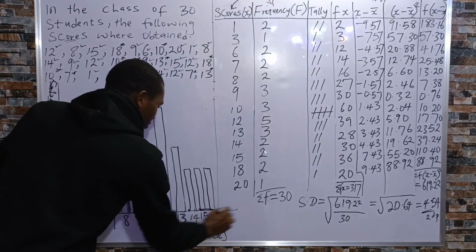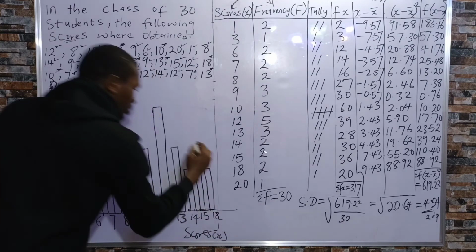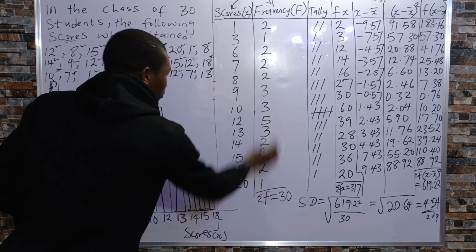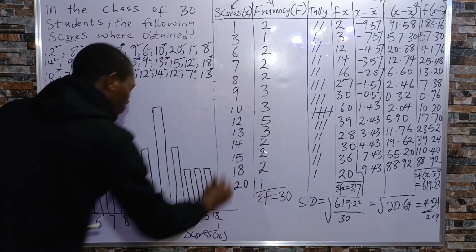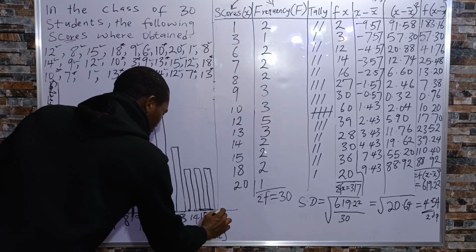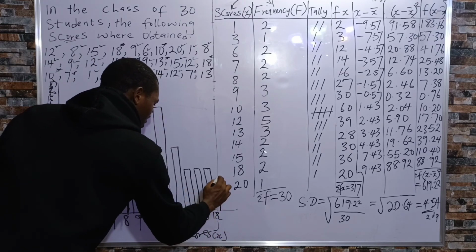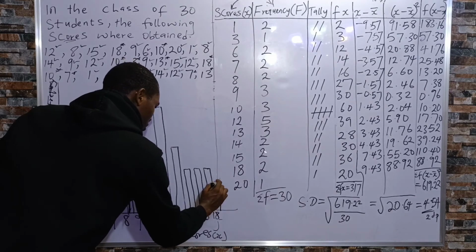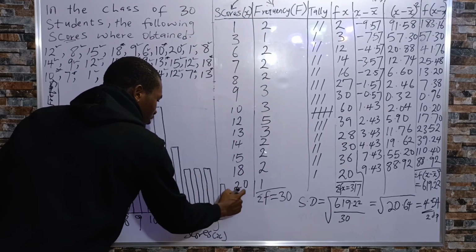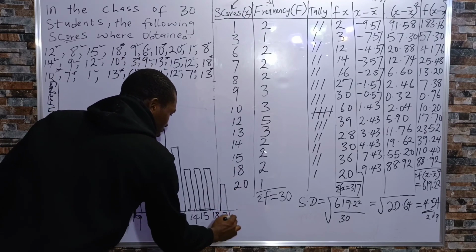So here I have 18. Then the last one, which is my 1, and that is for the frequency of 1, and that is for the value of 20. I trace it. So the rectangle should be at this point for my 1, and that is for the score 20. So I have 20 here.